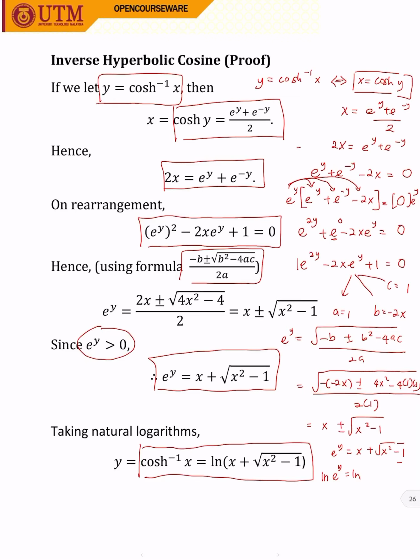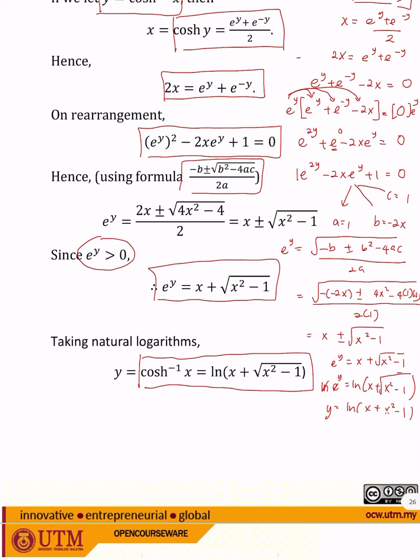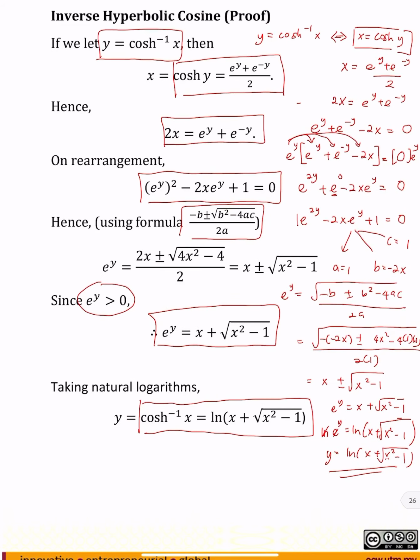We will obtain ln of x plus the square root of x squared minus 1. So ln and exponent we can eliminate. We will have y equal to ln of x plus the square root of x squared minus 1. So this is the answer, where y just now refers to the cos inverse x.